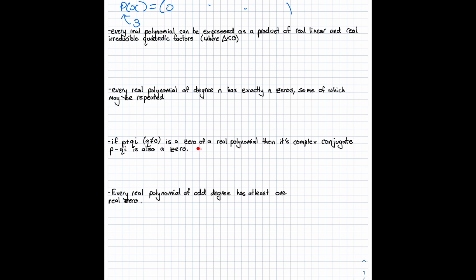If we have a zero of a real polynomial, then its complex conjugate p minus q is also a zero. So if we break our P(x) up into factors, we will have x minus alpha as our real factor, then x minus (p plus qi) as one of our zeros, and our other zero would be x minus (p minus qi), and they become two of our factors there.